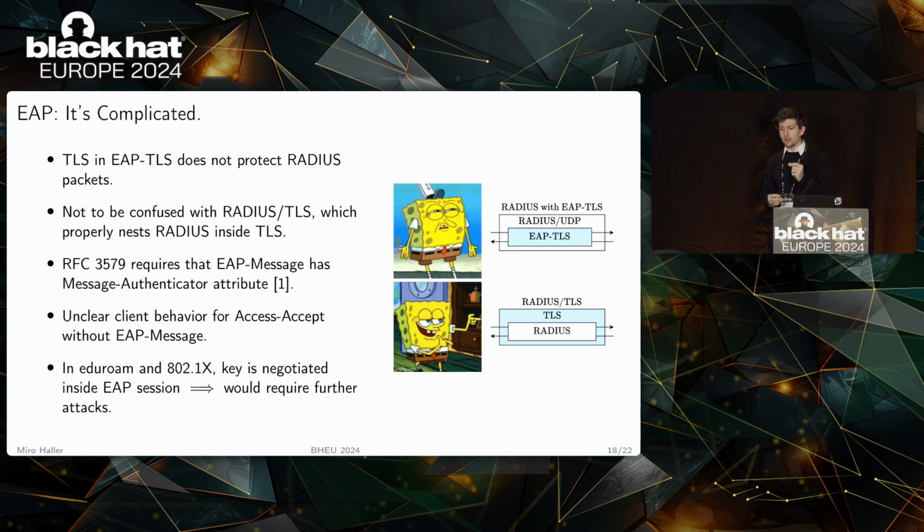And so even if you can forge an access accept that the client validates, the adversary doesn't actually get this EAP key, the key that is negotiated inside the EAP session. And so that means exploitation in practice is really tricky.